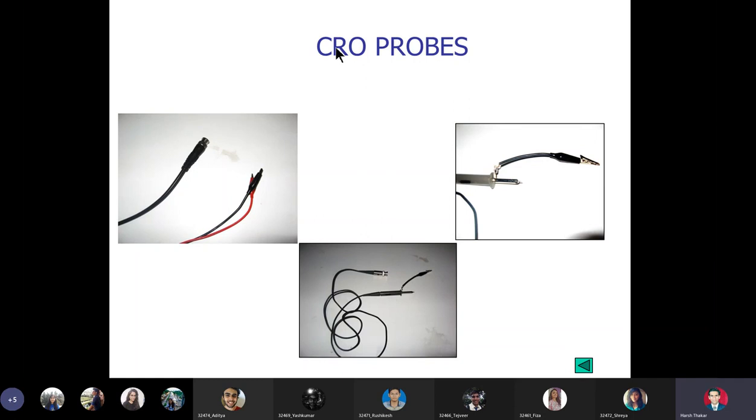There are many kinds of attenuation probes available in the market, probes which can attenuate our signal by a factor of 10 or 20 or 50 or 100 or 200 or even 1000. But in our lab we are using 10x probes.